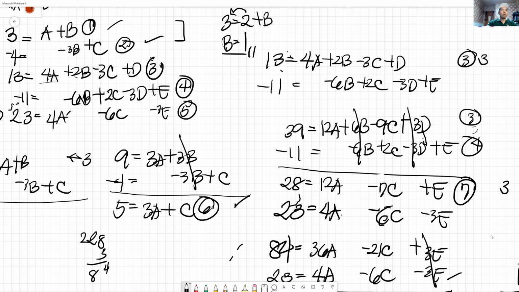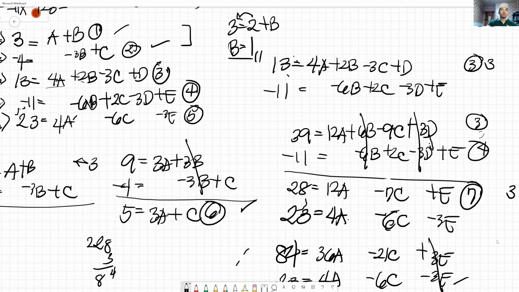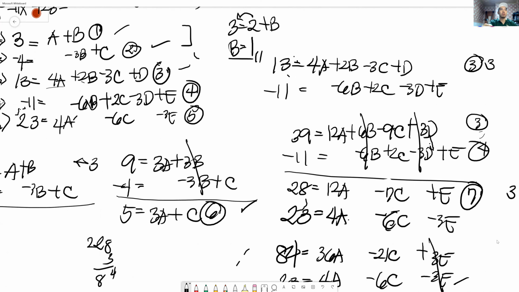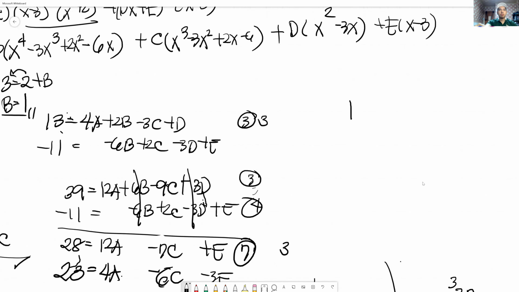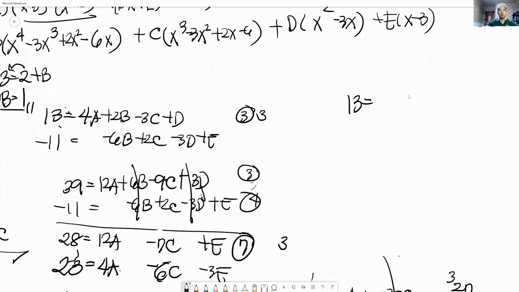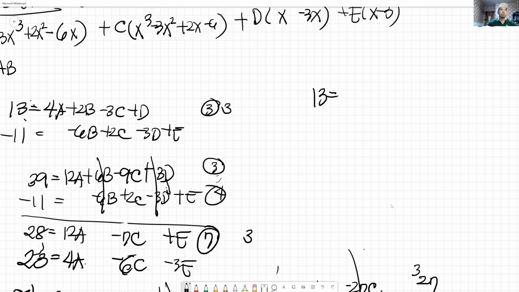We have our A, we have our B, C, and E. What was left is our letter D. So for letter D, let's just use the third equation. So 13 is equal to, what's the value of our A? That is 2.